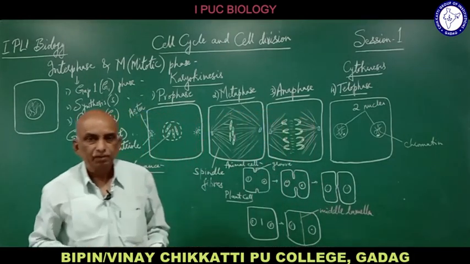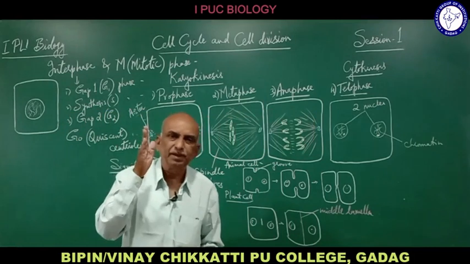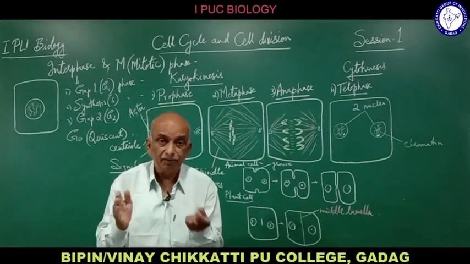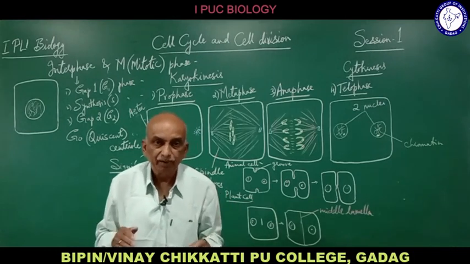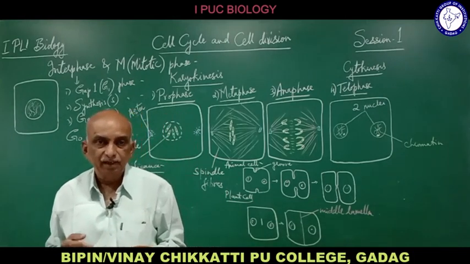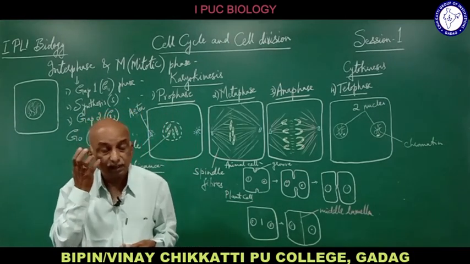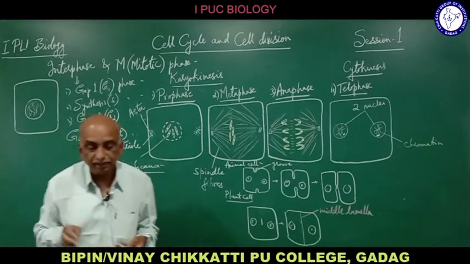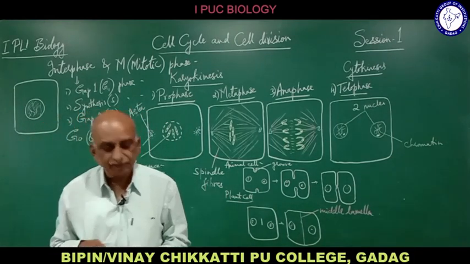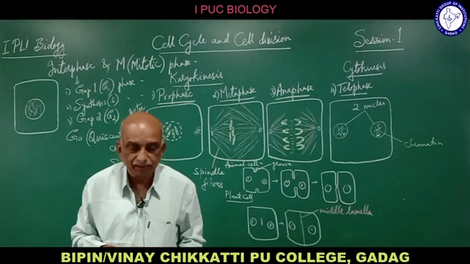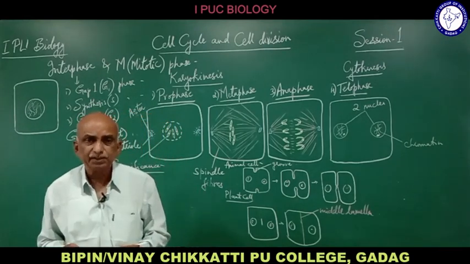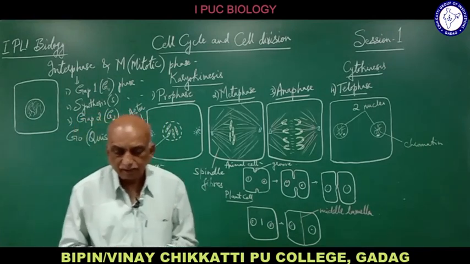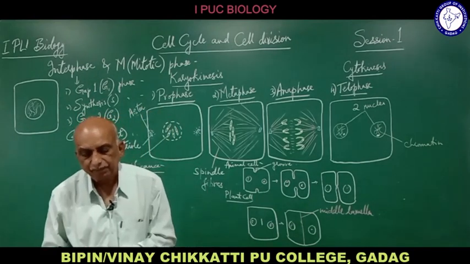So mitosis means it is not simply division of the cell. After division, the daughter cells again grow to the size of the parent cell, and thus the surface area and the volume ratio is maintained by the help of mitosis, the cell size.